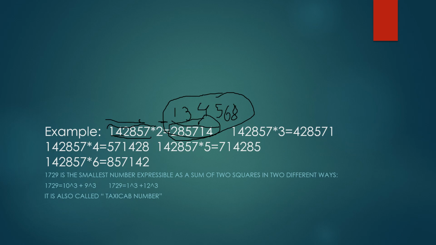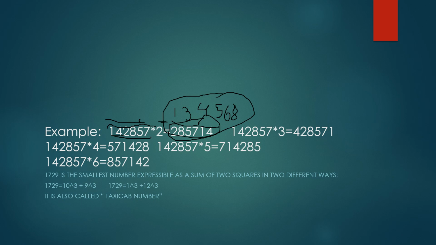So in that sense, this number is called cyclic. As it is cyclic in nature, the number keeps repeating based on its permutation.